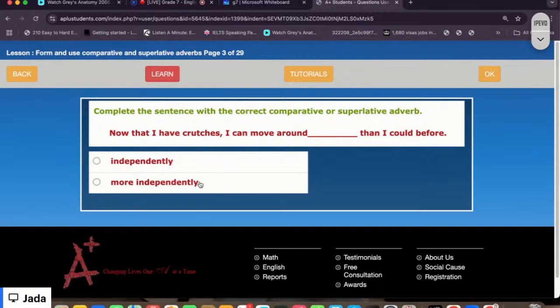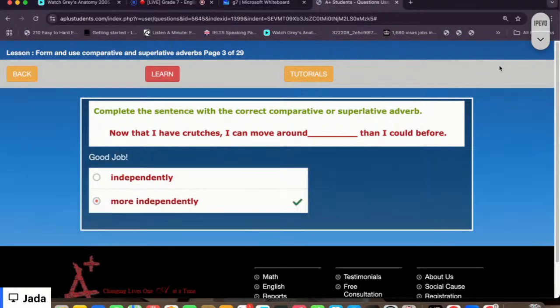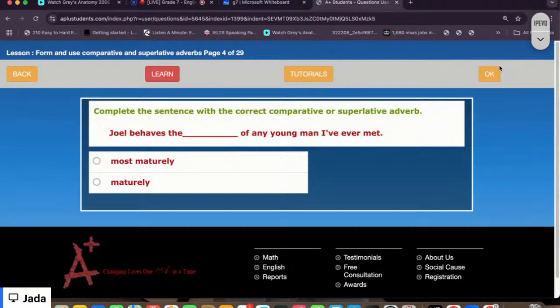Okay, I can move around more independently. So Joel behaves the dash of any young man I have ever seen, the most maturely or the maturely.